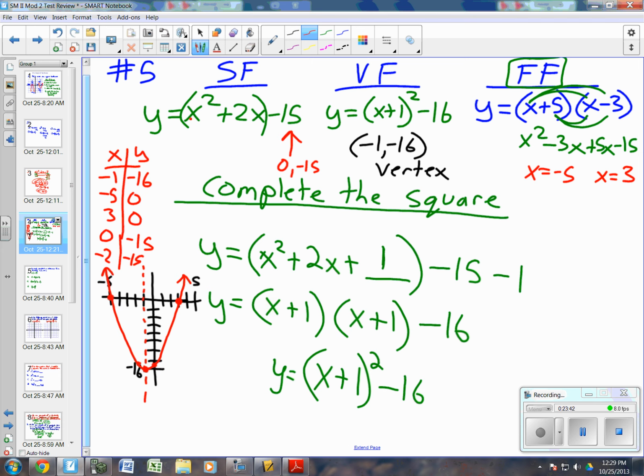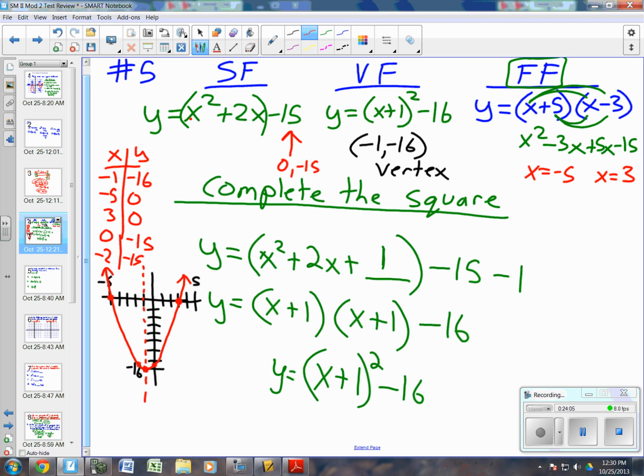We had 0, comma, negative 15. So if this is over 1 unit from the axis of symmetry, right? 0 is 1 unit away from negative 1. So if I go the opposite way to negative 2, comma, negative 15, that will be another point. Does that help you? Okay. So now I have all 5 points.